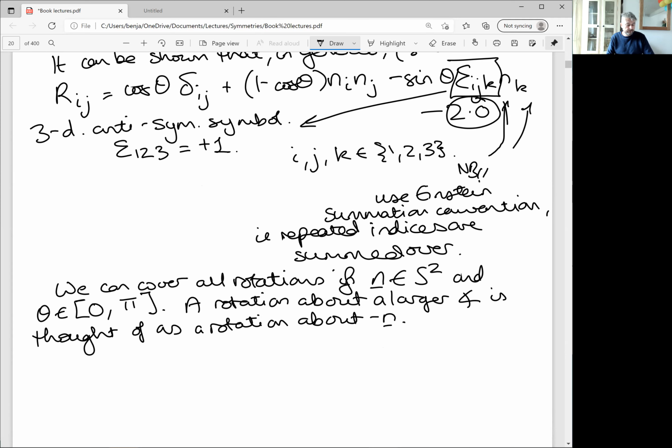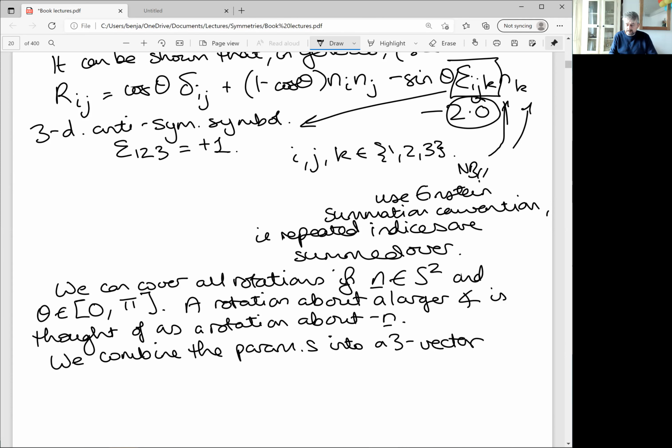So we can combine all of these parameters into a 3-vector. And I can describe this 3-vector as theta times n. So theta n, if you think about it, theta goes up to pi, and n is a unit vector. So this is a ball of radius pi in R cubed.